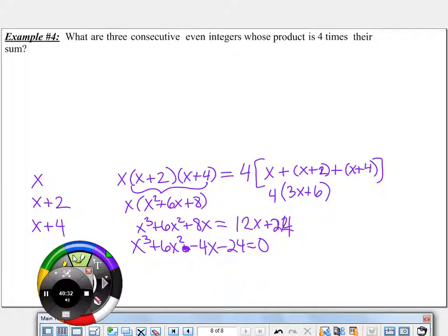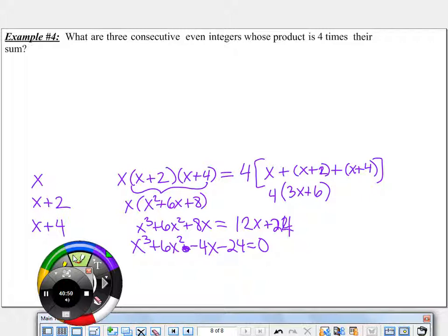And then what would we do to try and go about solving this? We could graph it and find the zeros that way. What if we can't use our calculator? Factor. How could we try to factor this? We can take out common factors first.